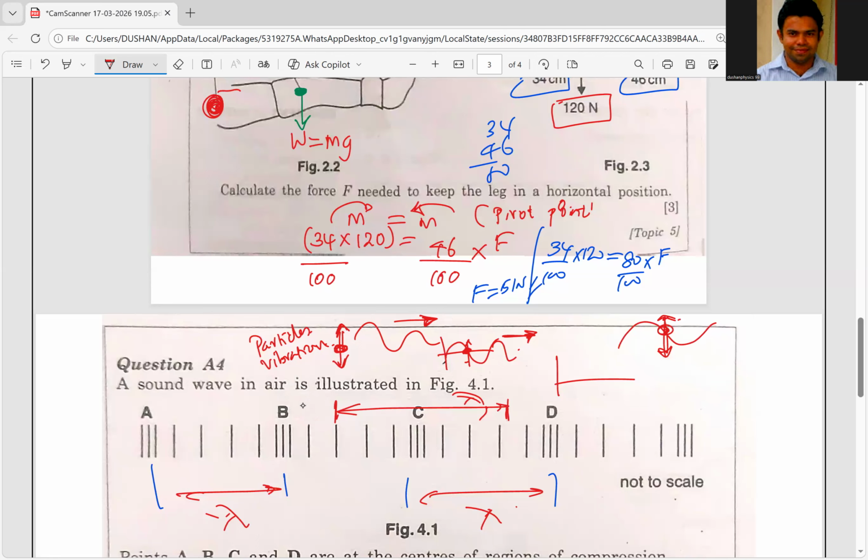Okay, Anuka, you tell. The particles move along the energy transfer direction. You have to say vibration. You got to say the particles' vibration direction is along with the wave moving direction. Write in red pen: the particles' vibration direction is along with the wave moving direction.